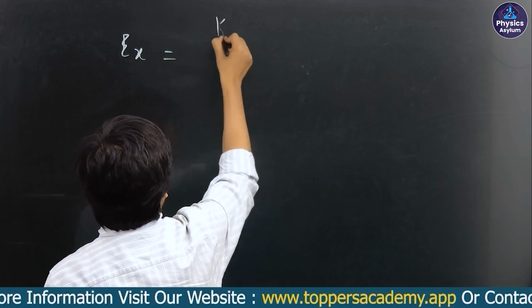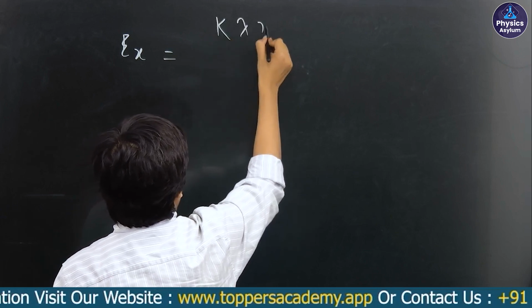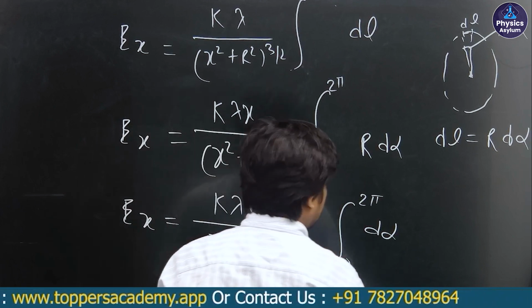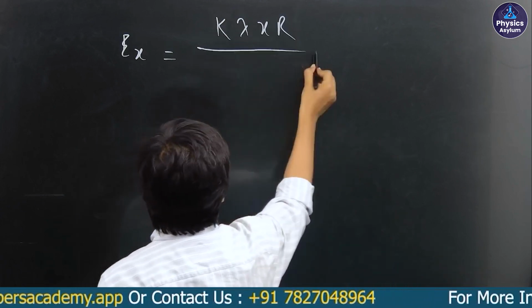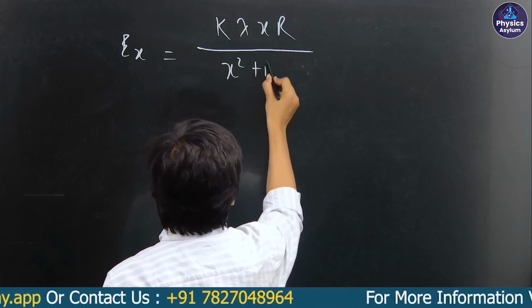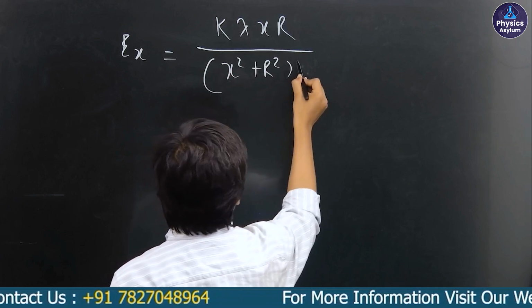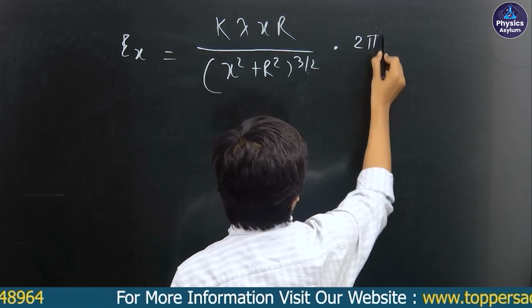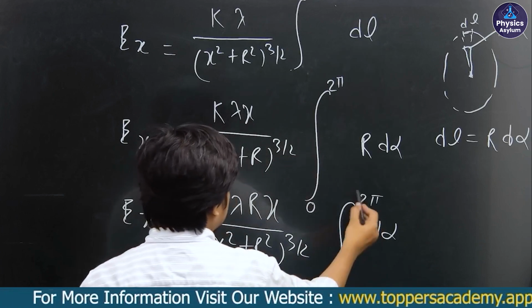That will be equal to k lambda x r divided by x square plus r square raised to the power 3 by 2 into 2 pi. That 2 pi comes from this integration.